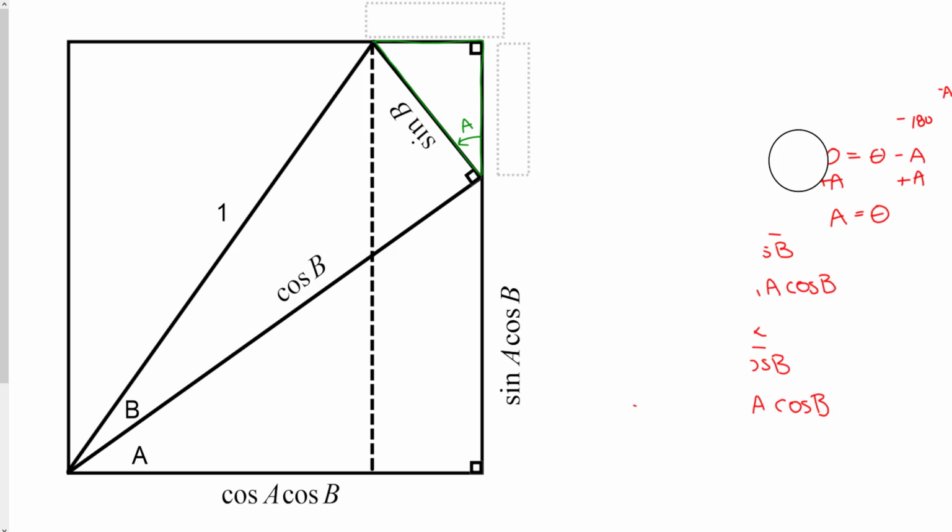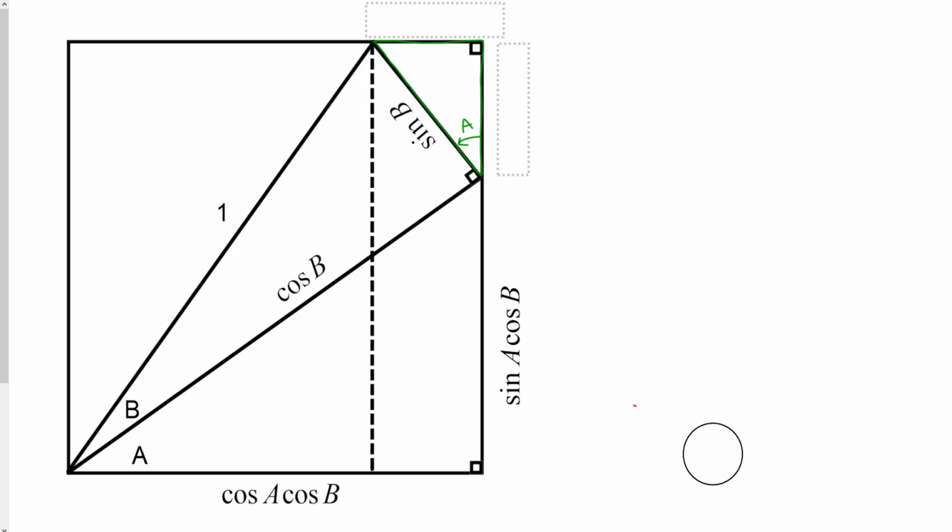I'm going to need to use some scratch work. So for that triangle, and I'm going to draw it this way instead of tilted the way it is. So I have a right triangle. This angle right here is A, and the hypotenuse is the sine of B.